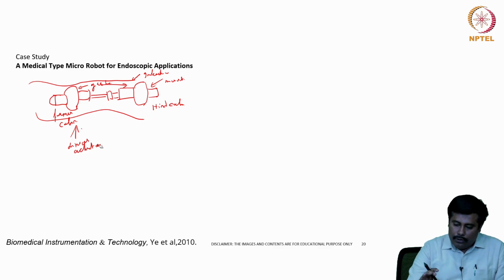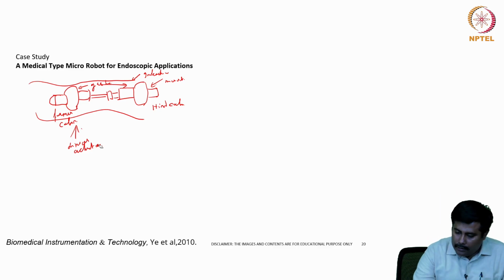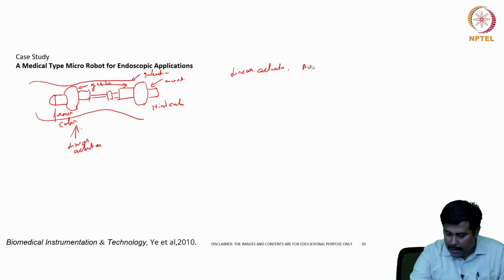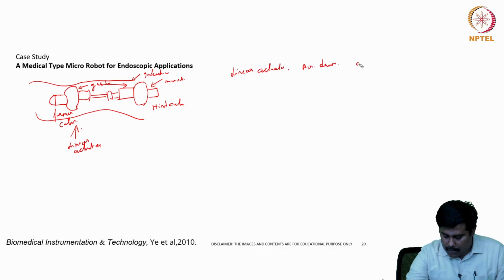To make it proper, the system comprises a linear actuator, an air drum, and a small one way valve.